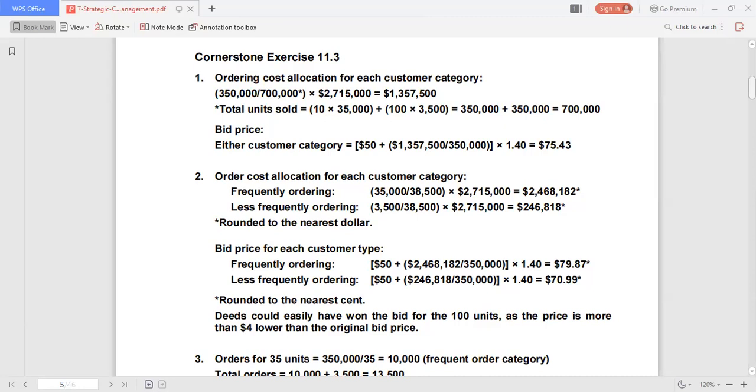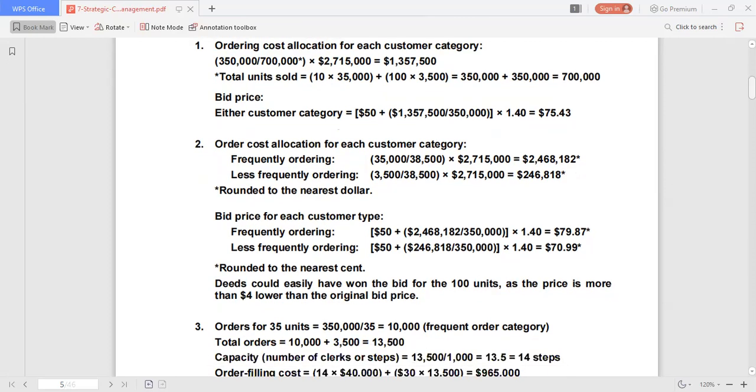Can Deeds offer the original price from requirement 1 to the frequently ordering customers and not decrease its profitability?